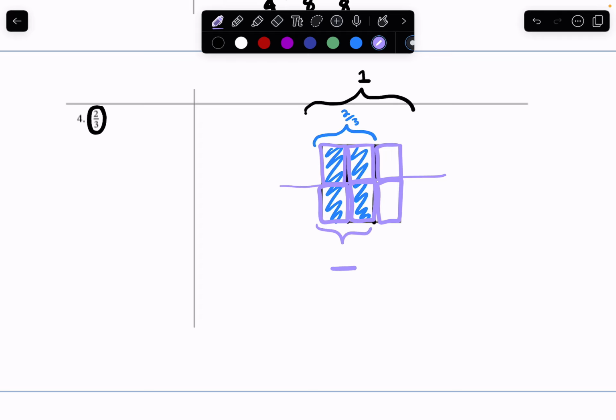Label that section that was once 2/3 into how many sixths it is now. You should have written 4/6. We have blue covering 1, 2, 3, 4 of our 6 parts. So this is equivalent to 4/6.